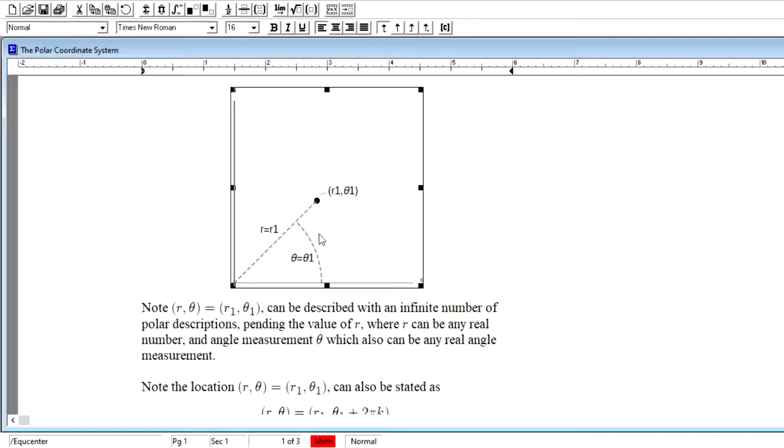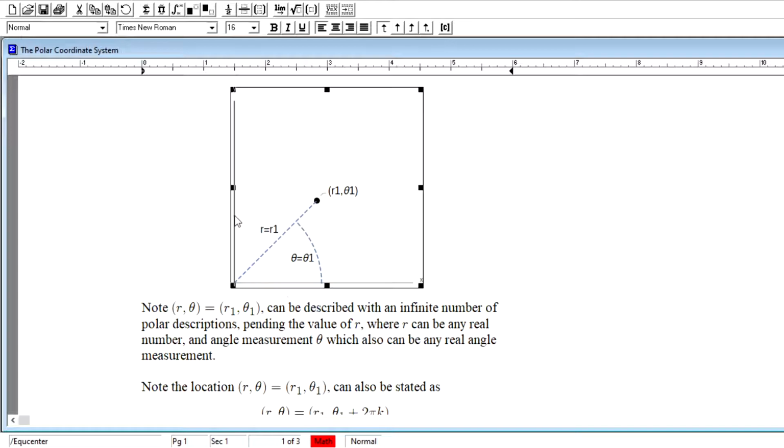X's value would correspond to the adjacent side of this right triangle, and y1 would correspond to what we would say is the opposite side of this right triangle, where the angle measurement theta would describe this angle here for one of the angles that is not the right angle in this triangle, right? For the angle measurement here between our adjacent side and the hypotenuse.